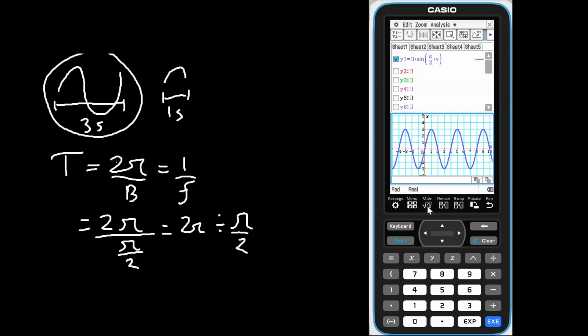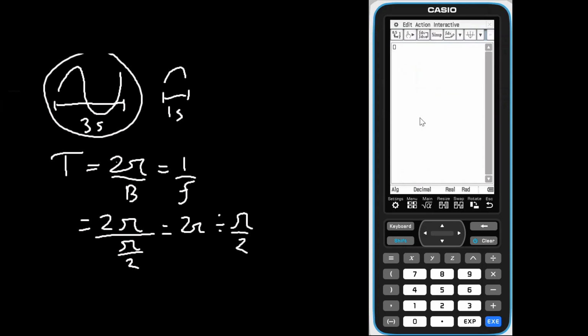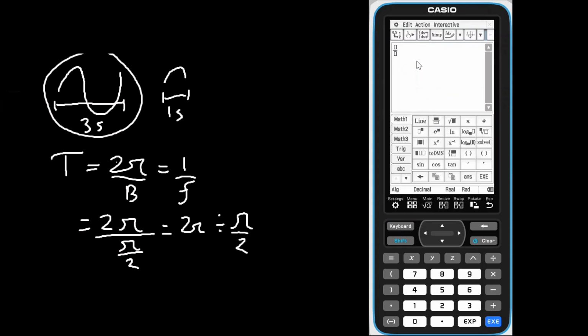So let's go back to main. Let's say it is 2 times by pi divided by 2. And you can just hit enter. Now just make sure that you're in standard, because if I hit this, it actually ends up being a nice number, but sometimes it doesn't show pi. For instance, if I have pi here, it'll give me a nice big long number.